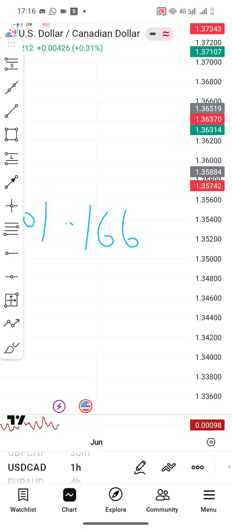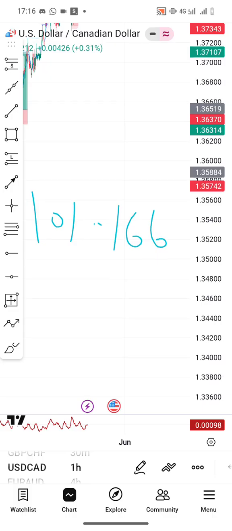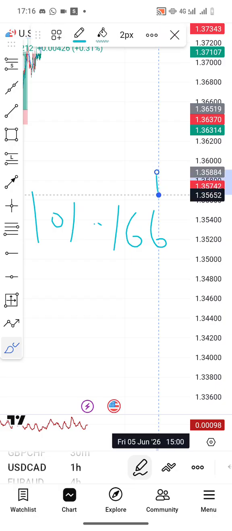So a pip from 1.0. Let's say right now the market is at 1.101.166. At this point in time, if this market right here moves 1 pip, if we move from 6 to 5, we have initially dropped down 1 pip.